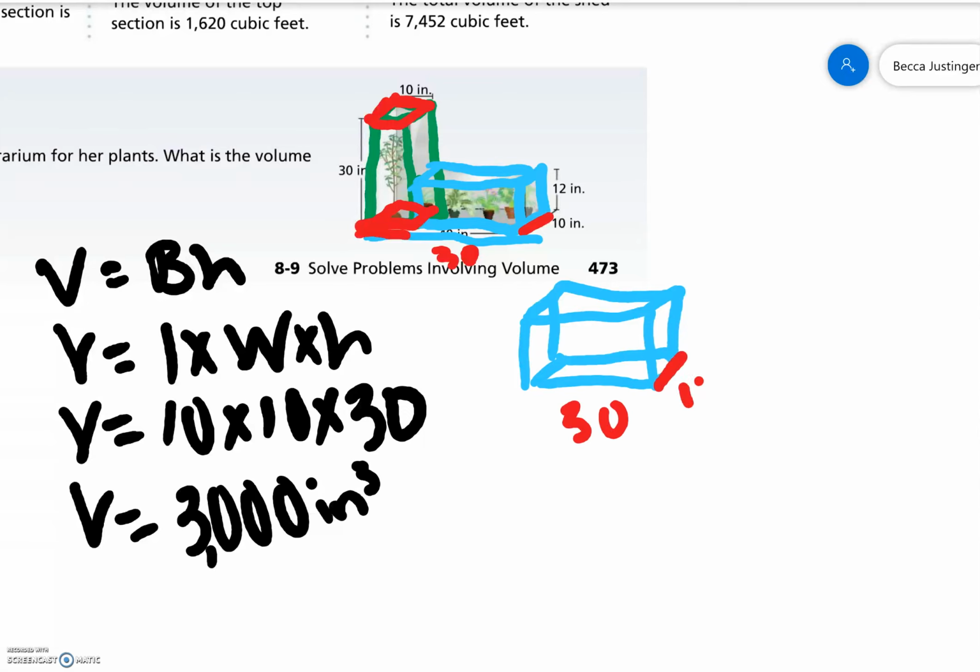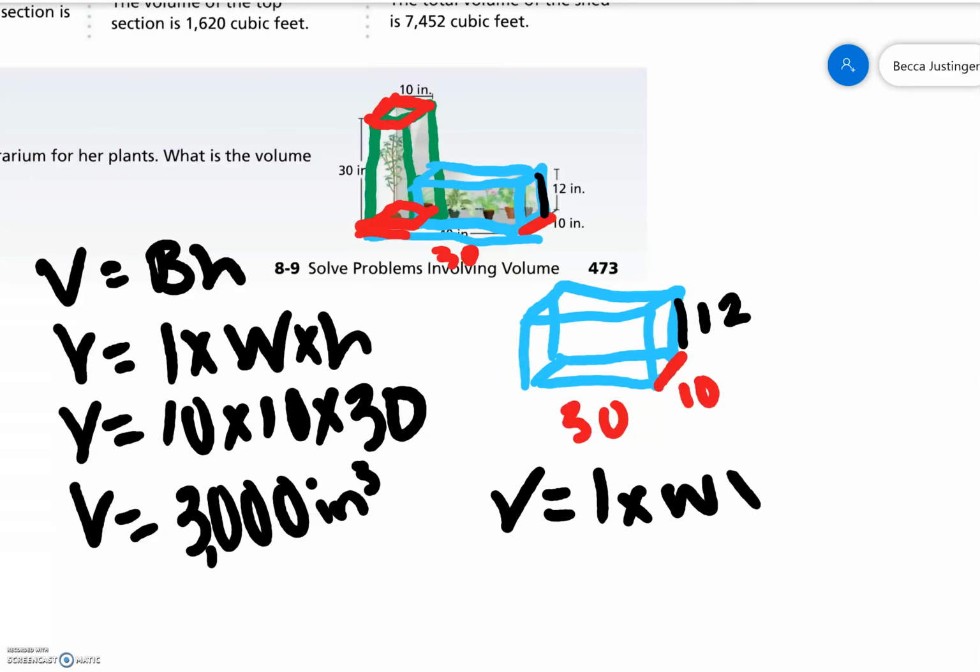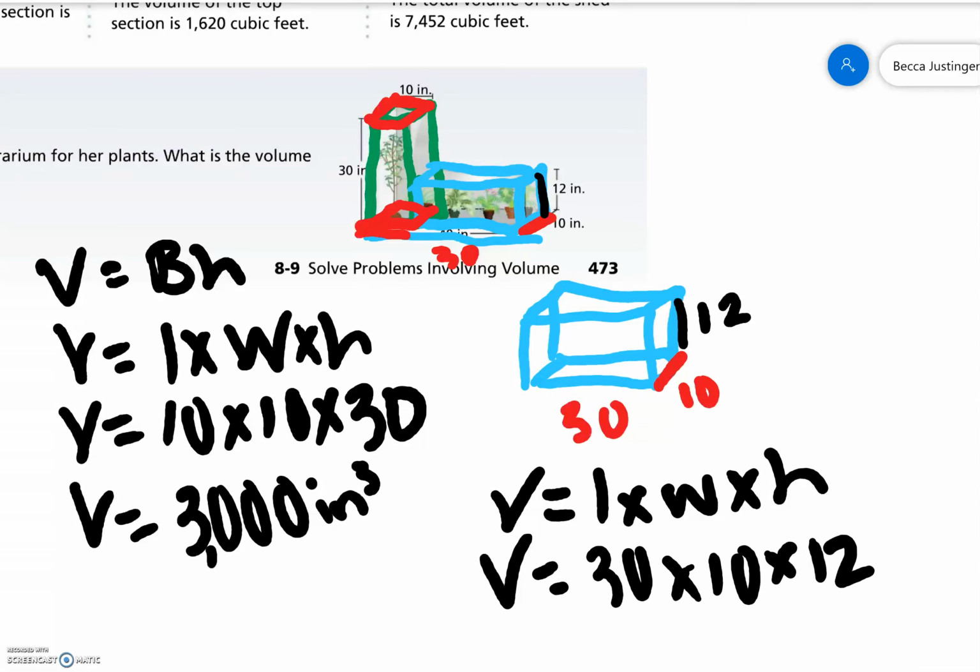I know this is 10 from this, and here the height is 12. See, 12, 12. So again, it is a rectangular prism, so we use length times width times height. Volume equals 30 times 10 times 12. Get out our calculator. 30 times 10 times 12 is 3,600.